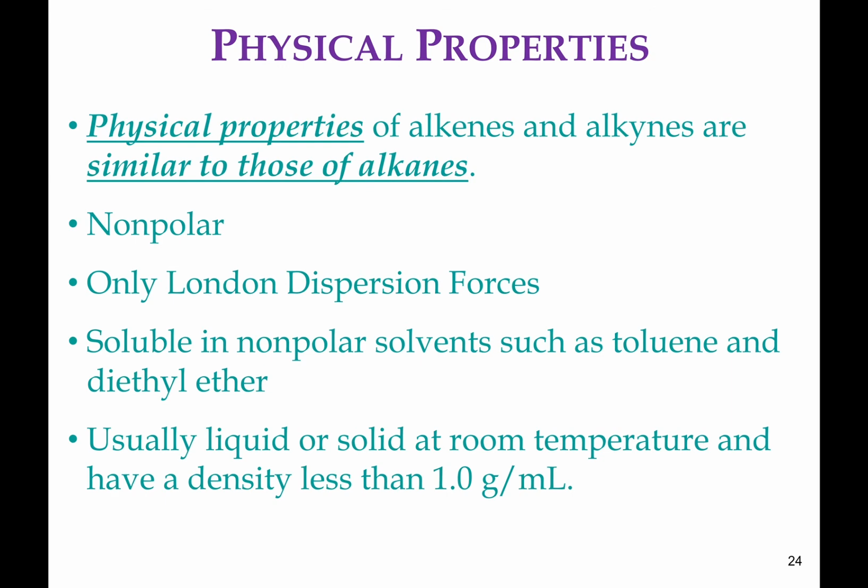An alkyne is used as the starting material to make vinyl chloride. It's a precursor that's used in making polyvinyl chloride, which is PVC. Okay, so that might be something that you're familiar with.